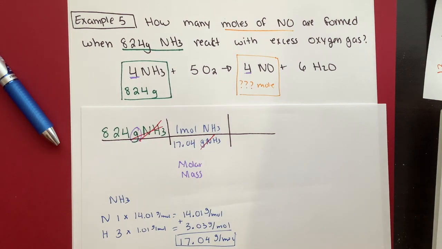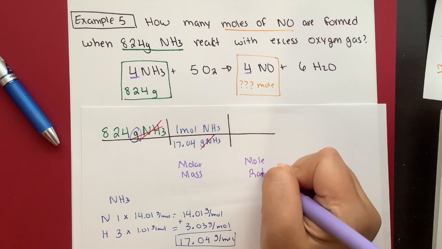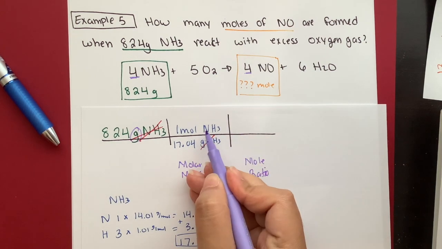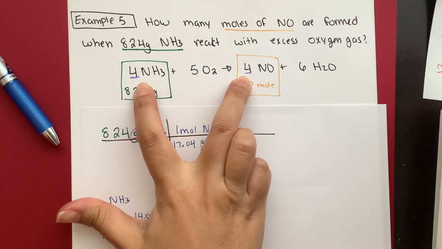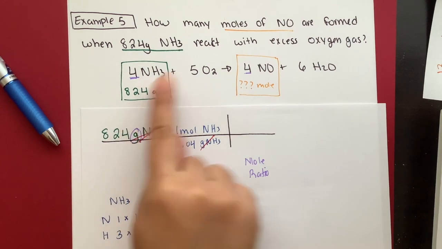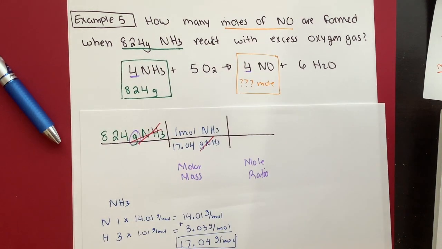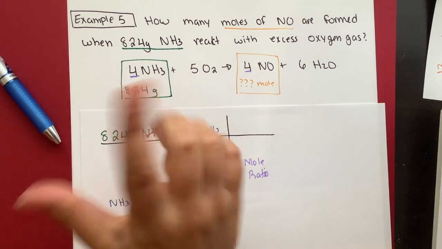Now I could use my mole ratio. Since I am in moles, now I could use the coefficient from my balanced chemical equation to go from one unit to another, from NH3 to NO. In this case, I have 4 and 4, so it doesn't matter, they're both the same.